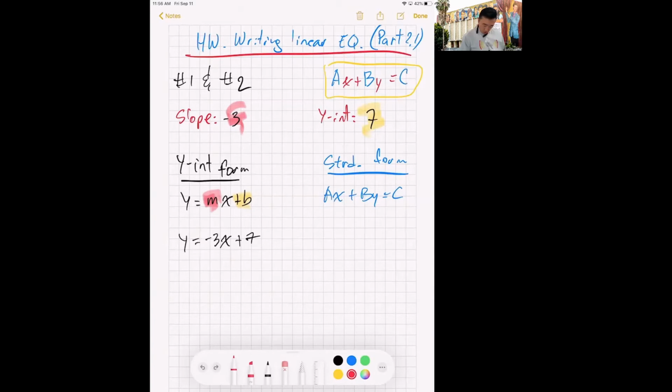In this case, we add 3x here, add 3x there, and they cancel here. So you have 3x plus y equals 7. And there you have it. That was pretty simple for number 1 and 2. Really straightforward. Okay, now let's try the next part.